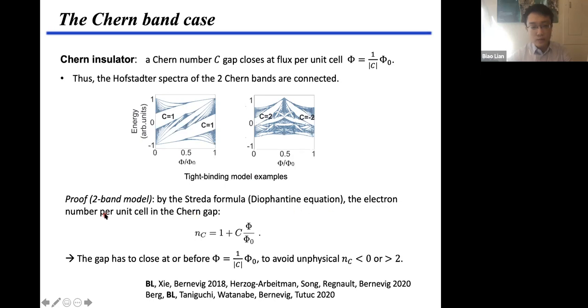The electron number per unit cell inside this Chern gap is given by the Streda formula to be 1 plus this Chern number C times the flux per unit cell.